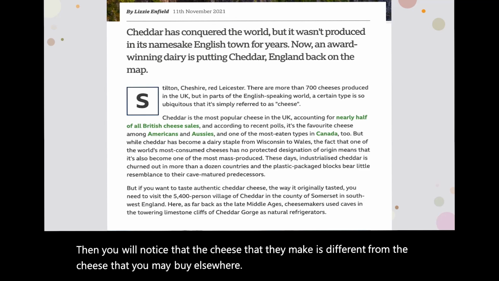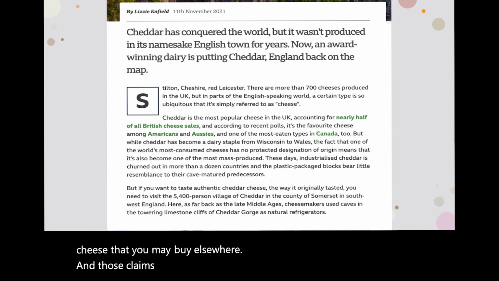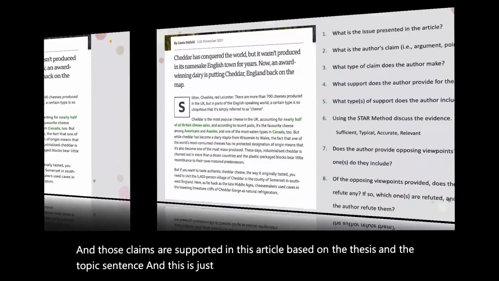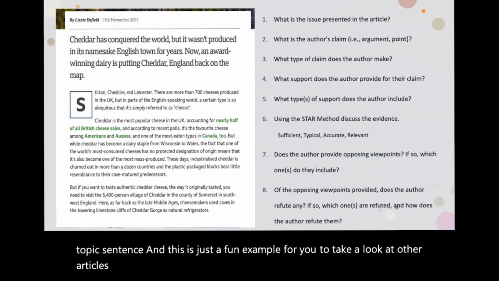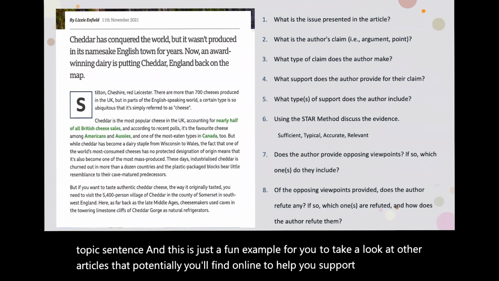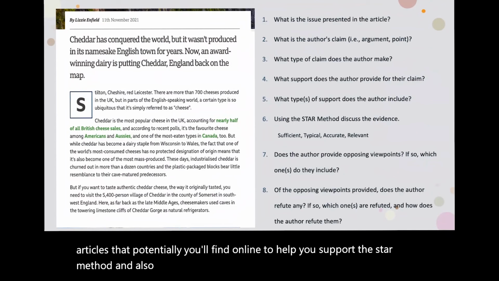And those claims are supported in this article based on the thesis and the topic sentence. This is just a fun example for you to take a look at other articles that potentially you'll find online to help you support the STAR method and also answering some of these questions.